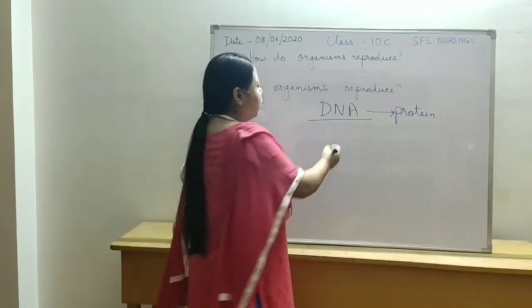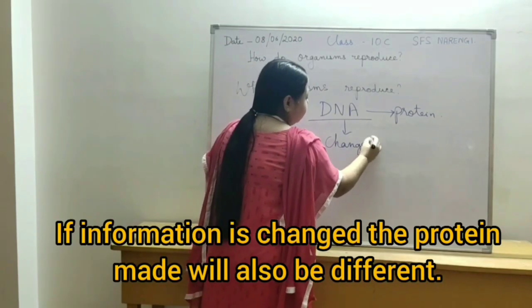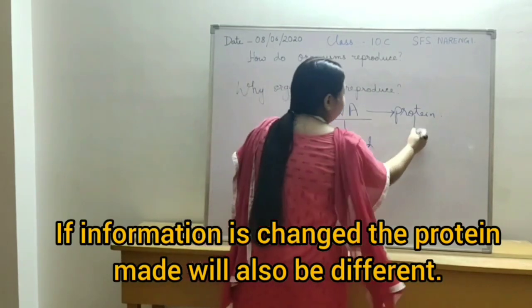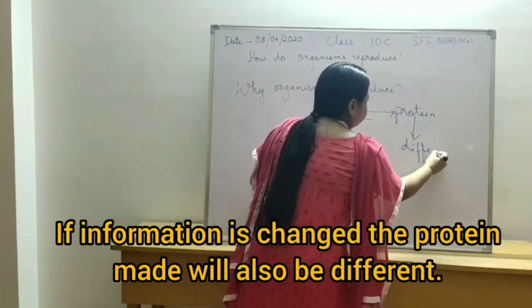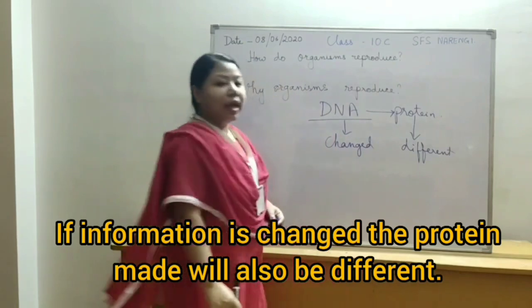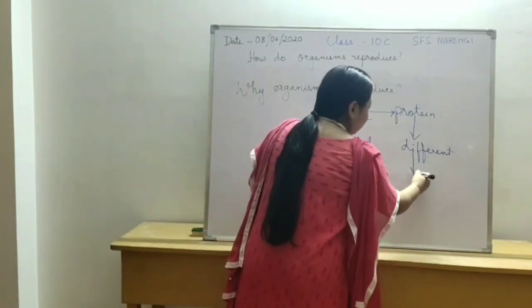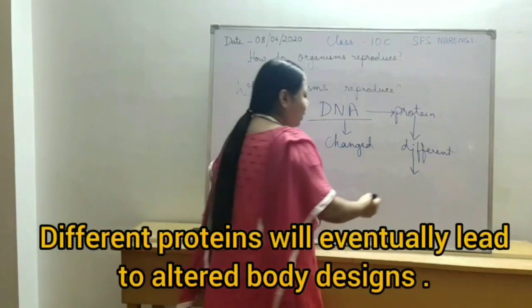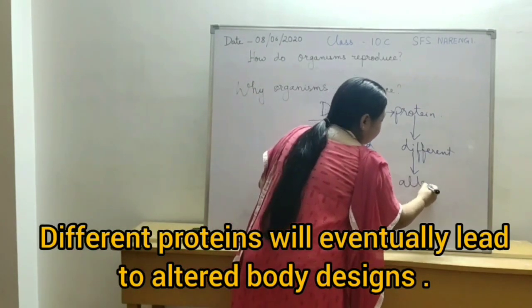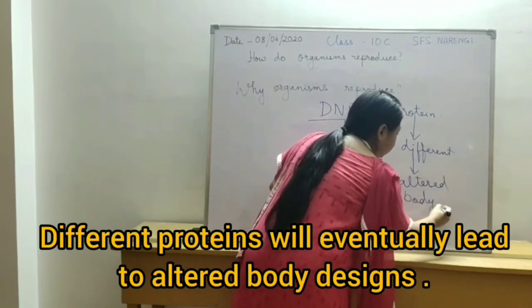Now, if the information is changed, the protein which is formed will also be different. Fine. And as a result of that, what will happen is, it will lead to the altered body design. The body design will be altered.